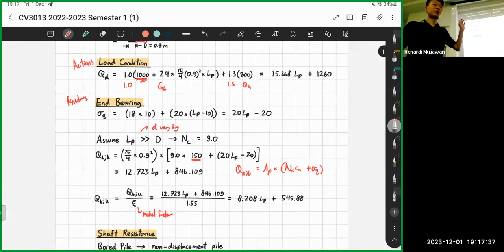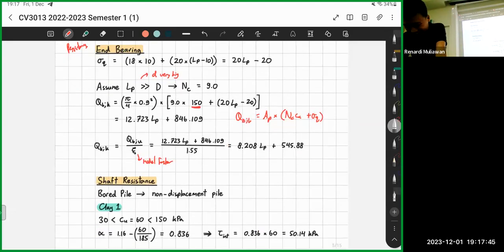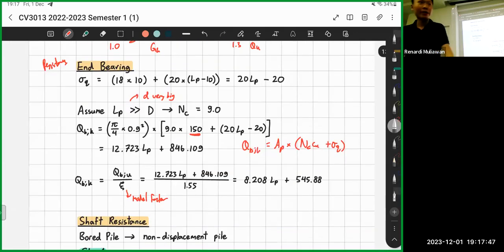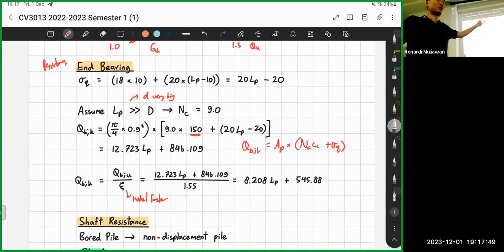Actually, this question will always come up. So I'm just covering the steps, but if you want to brute force it, that's okay. End bearing is quite straightforward. This one is like your shallow foundation. Any questions? Anybody confused?